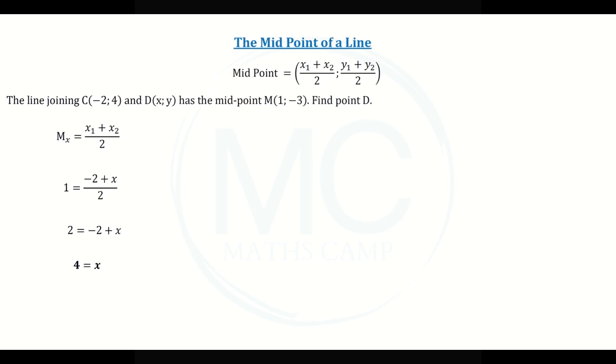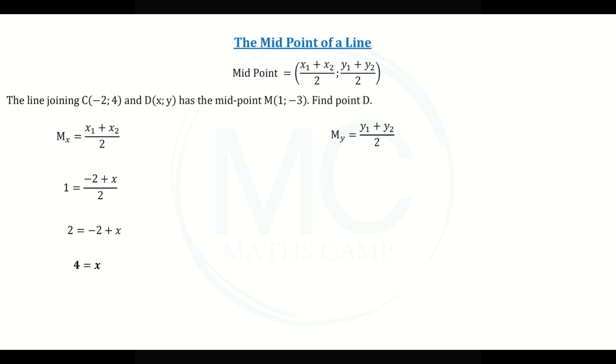So we can say the y-coordinate of the midpoint M, let's call it my, is equal to the y-coordinate of point 1 plus the y-coordinate of point 2 all over 2.